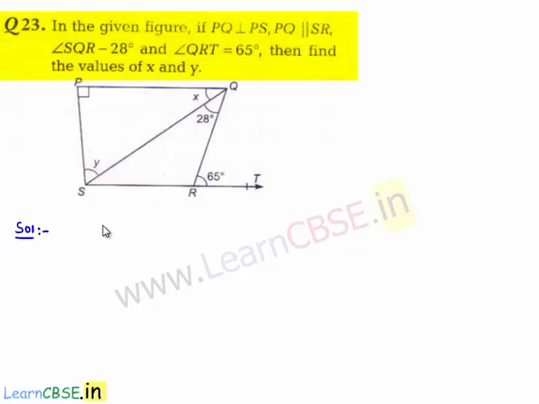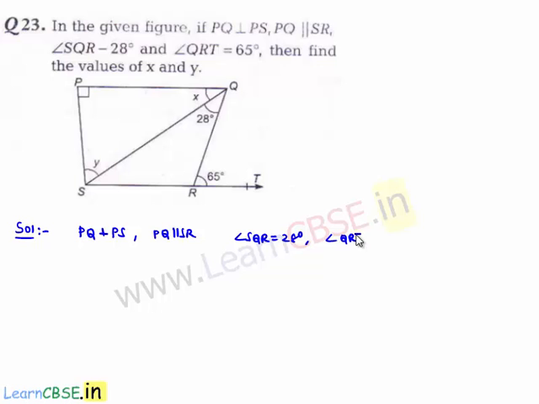Here it is given that PQ is perpendicular to PS and PQ is parallel to SR, angle SQR is given as 28 degrees and angle QRT is given as 65 degrees. Then find the values of X and Y.